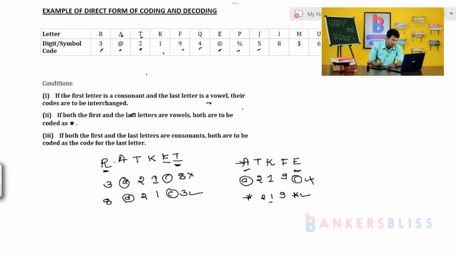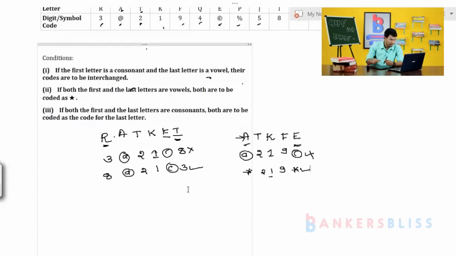So again I will write here. This is R, A, T, K, E and P. What is the code for R? That is 3. What is the A?